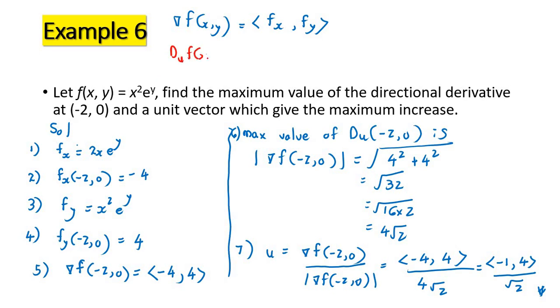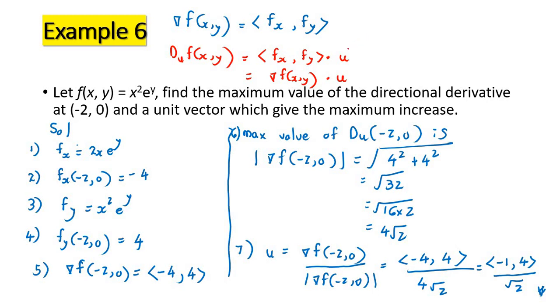The directional derivative Du f(x, y) is actually, initially we use this notation fx i plus fy j dot with the unit vector, where fx i plus fy j is actually your gradient vector. Initially in examples 1, 2, 3 we use the directional derivative as fx i plus fy j dot with the unit vector.